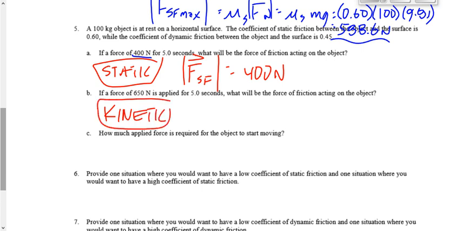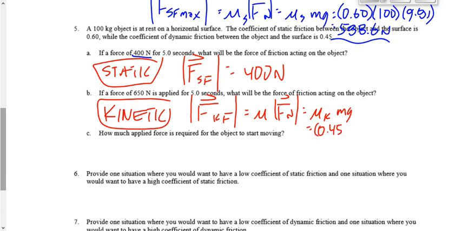Kinetic is just kinetic. So let's get the force of kinetic friction, not FKF max, just FKF. Multiply mu times the normal force, and of course we know the normal force is m times g. So mu for kinetic friction is 0.45 times the mass of 100 times 9.81.